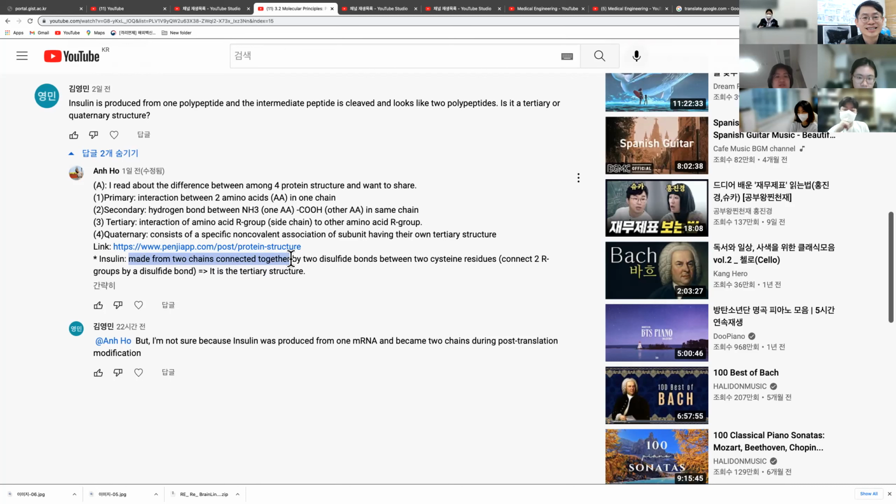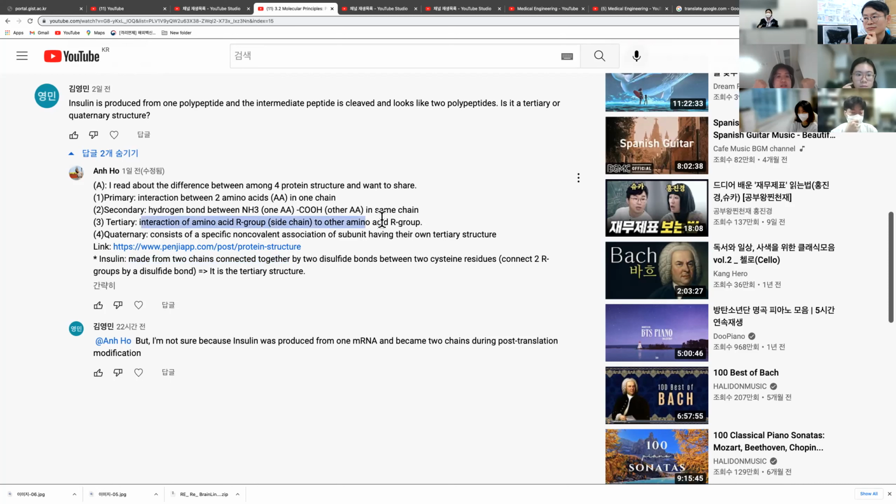No, because firstly, I also was confused between the terms. Before, I thought this was the quaternary structure, but when I read again, they say if you want to become the quaternary structure, you have to become the tertiary structure first, and then you connect tertiary structures together, so it will become quaternary.